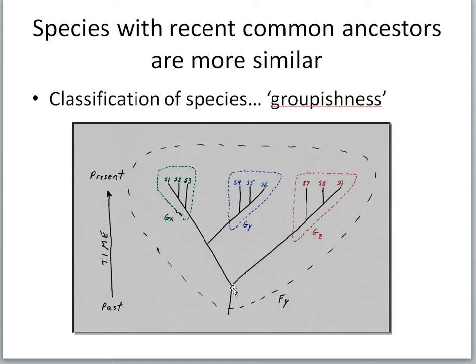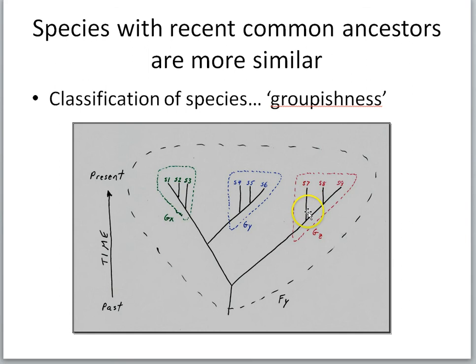And so when species have more recent common ancestors, there's less time for differences to accumulate in the species, less time for changes to evolve, for new traits to evolve. And so that's why we can group species 1, 2, and 3, put them in a group, and then we can group GX and GY into a group, and then we could group all three of these into a group, and we had other species over here.